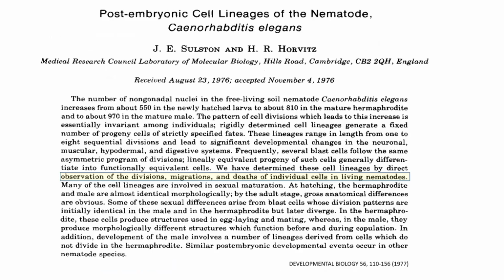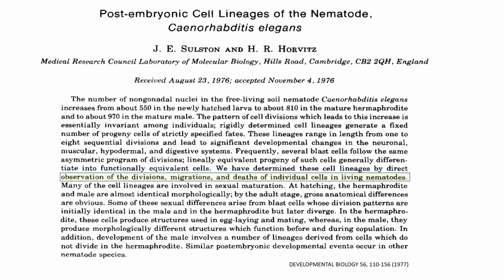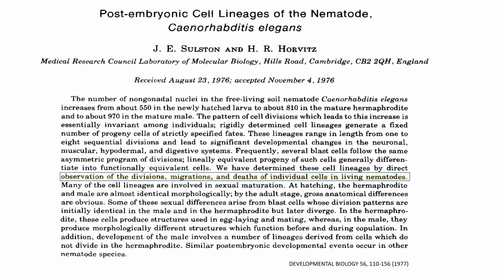So, okay, obviously, I don't expect you to read this. So this paper was Developmental Biology 77. This is the first paper by Sulston and Horvitz on post-embryonic cell lineages of C. elegans. They started with one of those. Those are rare in the wild, but they can be maintained by crossing in the lab.